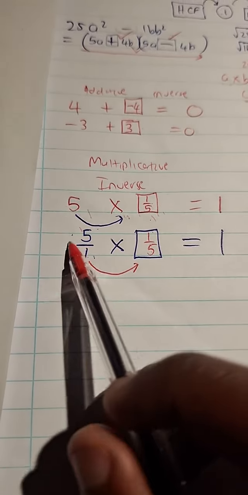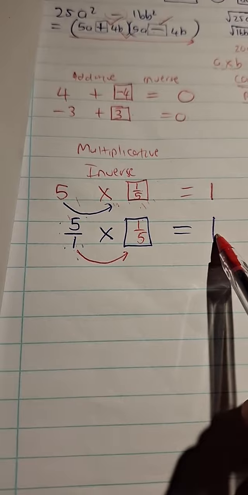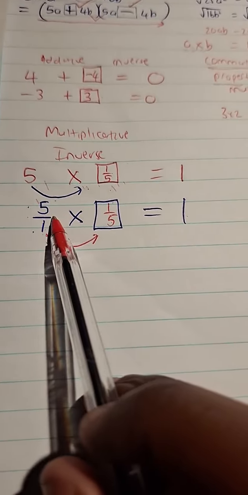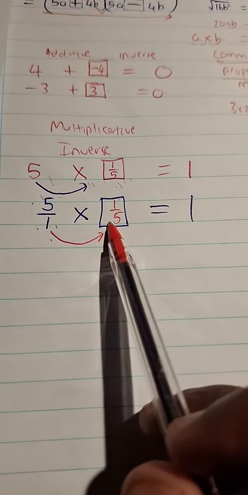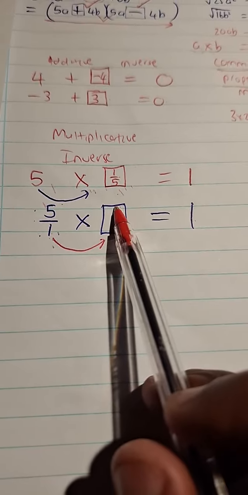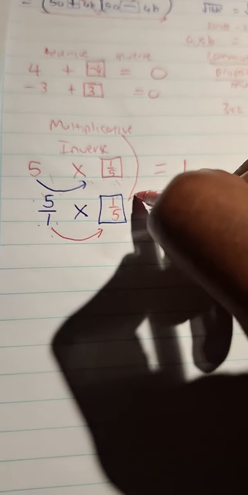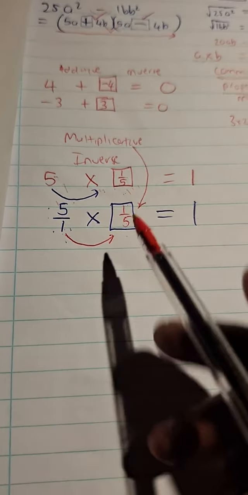When you multiply these two together, you get 1. So if you want the multiplicative inverse of 5, the answer is 1/5.